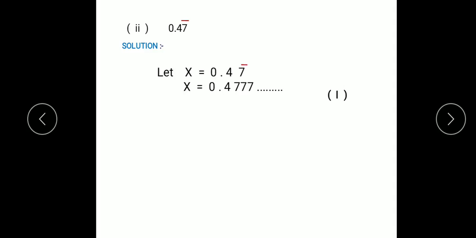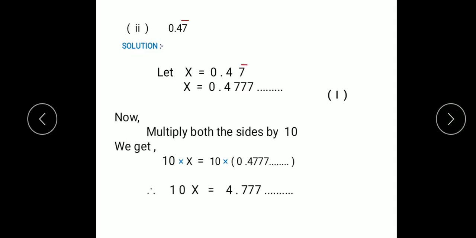As only one digit is recurring, we will multiply both the sides by 10. We get 10 times x is equal to 10 times the recurring decimal 0.4777... On the LHS we have 10x, and on the right hand side we have 4.777... Let us label this as statement number 2.